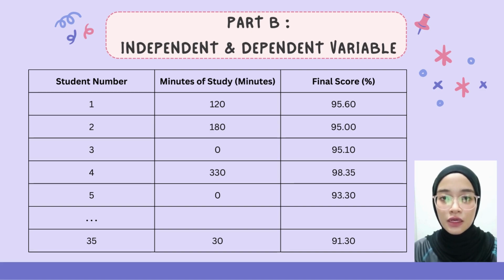The type of data for minutes of study is a continuous quantitative variable, while final score is a discrete quantitative variable. Last but not least, the level of measurement for minutes of study is ratio scale, while for final score it is interval scale.